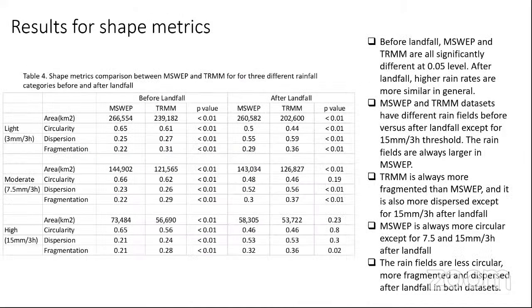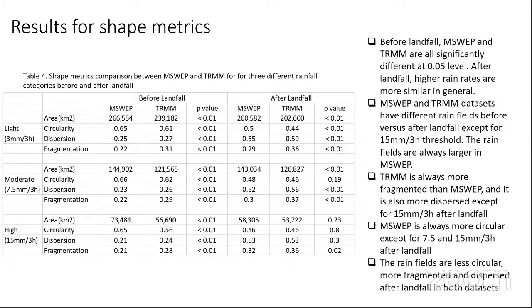After that, we calculate the shape metric indexes, and we use the Wilcoxon rank test to compare them based on the 3 different thresholds, and also before landfall and after landfall.